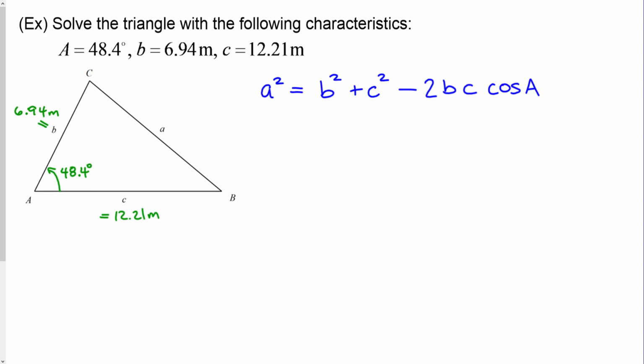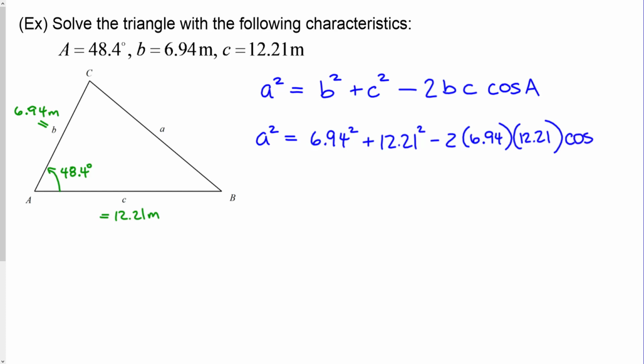All right, so plugging the known information into this formula, I will have a squared equals, side B is 6.94, so it'll be 6.94 squared plus side C, which is 12.21, so 12.21 squared, minus 2 times 6.94 times 12.21 times the cosine of the angle measure between those, which is 48.4 degrees.